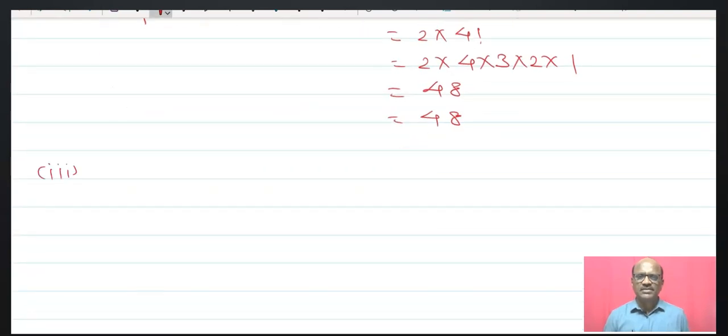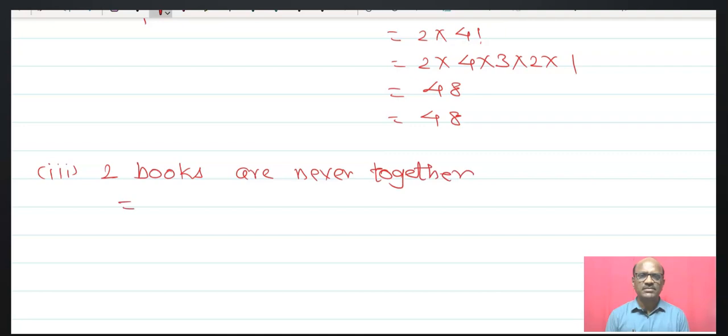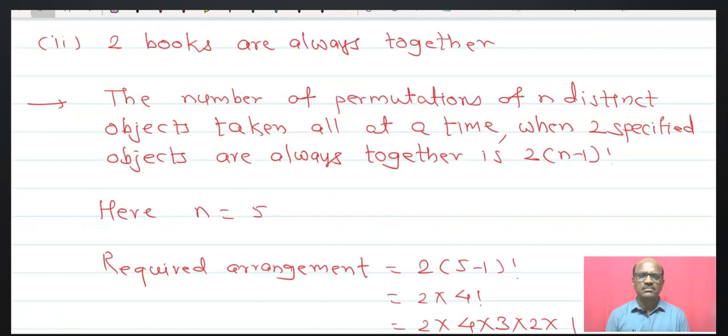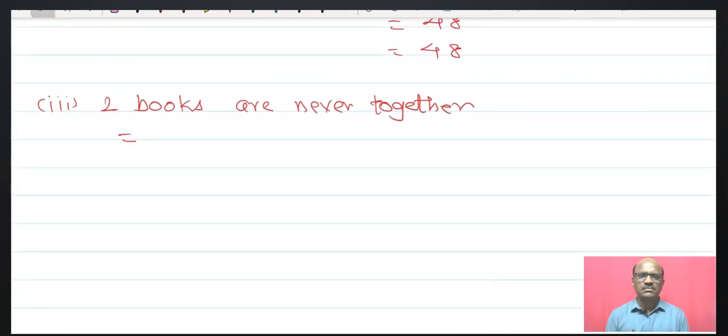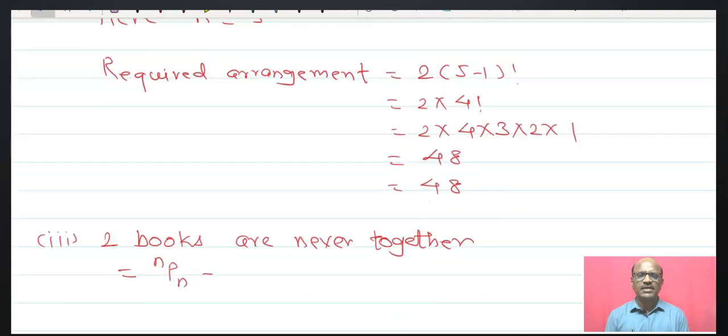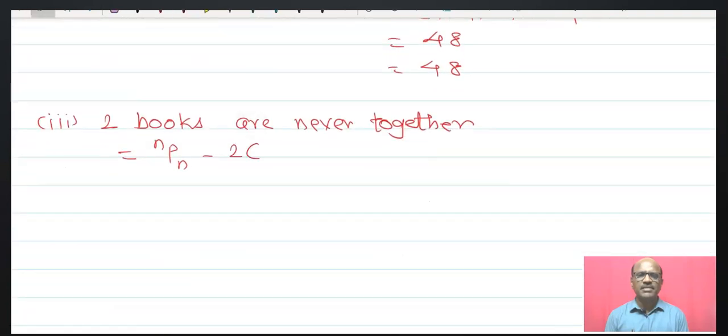Now the next is: two books are never together. That is nPn minus 2 (n minus 1) factorial.